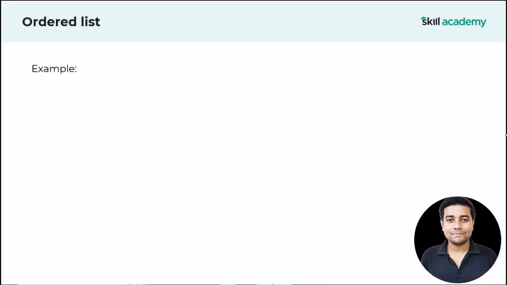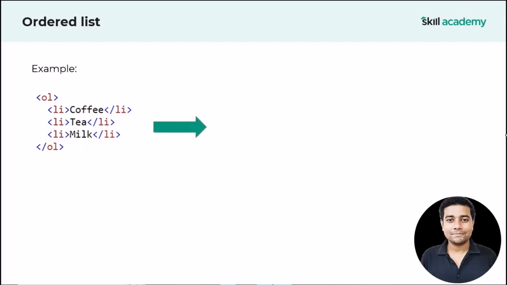Let me show you a quick example of ordered list. Suppose this is how we have written our HTML program: OL, coffee, tea and milk. Now what kind of output will you have? This piece of HTML code will represent your set of items in numerical order, because the default value of the OL tag is 1.